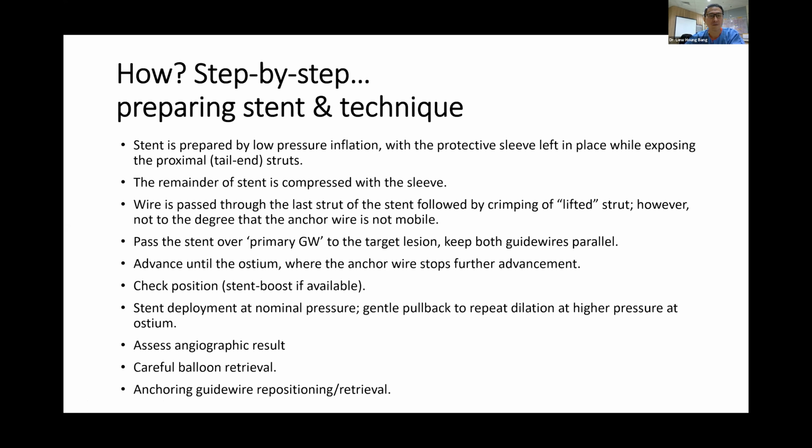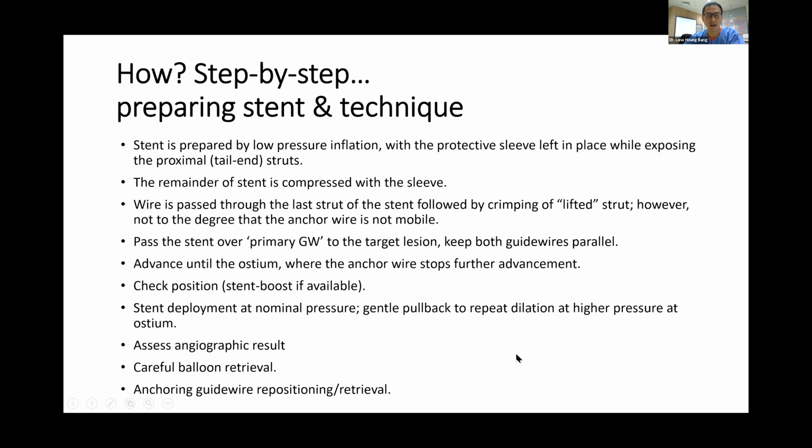Once we're happy with that, then we can retrieve the balloon, but do that very carefully, because the tendency sometimes is the guide can get sucked in. And that's where the risk of compression defect to the stent edge. And of course, we can optimize the stent after that with a post-dilatation balloon.